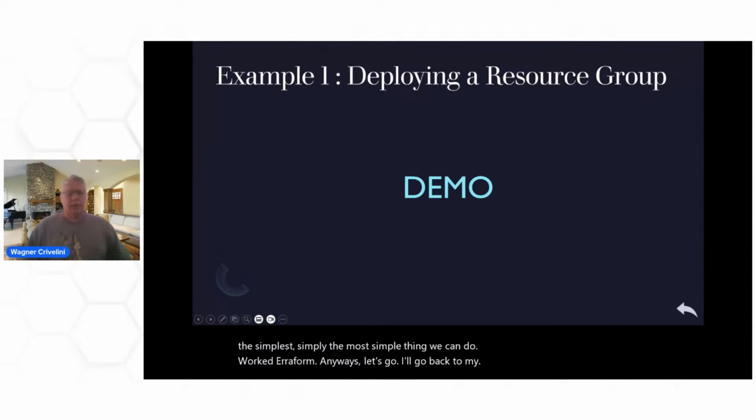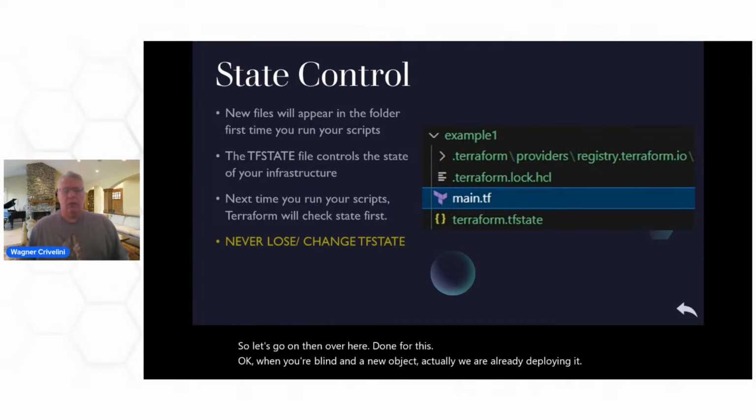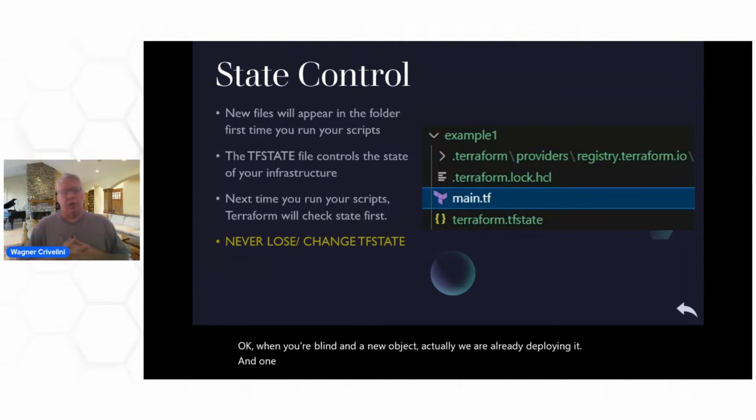Okay, so let's go on. Now we're done for this. Okay, we deployed a new object. Actually, we're already deploying it. And one very important thing we have to keep in mind is that once you deploy your resources, once you execute your project, you will see new files in your folder.